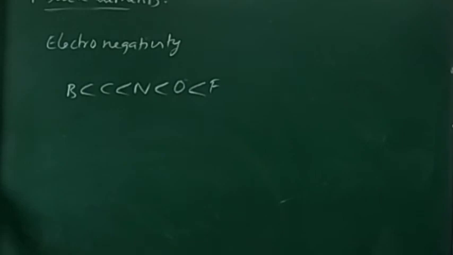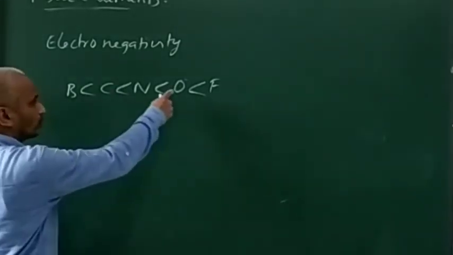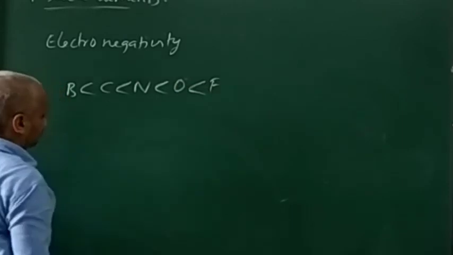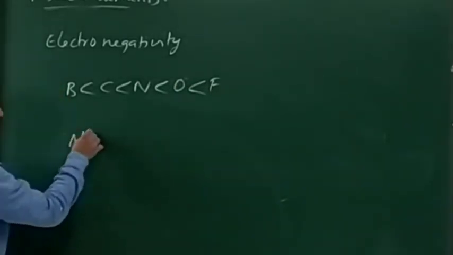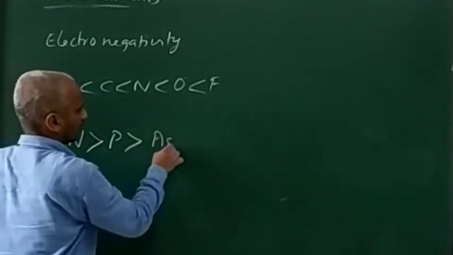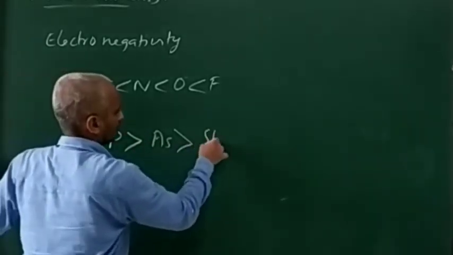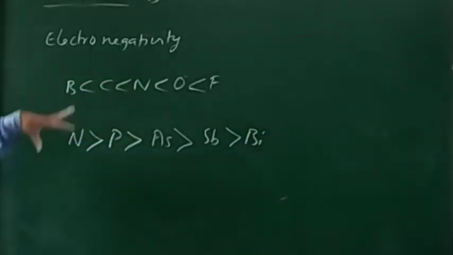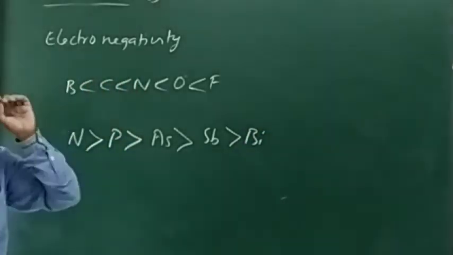Means 15 group elements have lesser electronegativity than the 16 group, which in turn is less than 17. Then electronegativity of nitrogen is greater than phosphorus, greater than arsenic, greater than antimony, greater than bismuth. Because down the group electronegativity decreases.